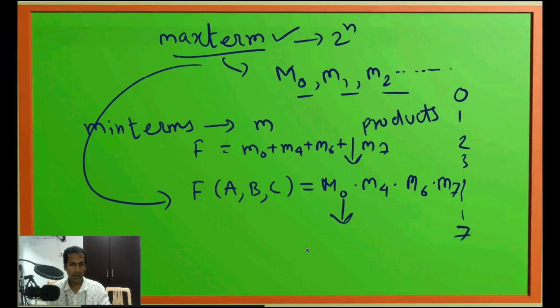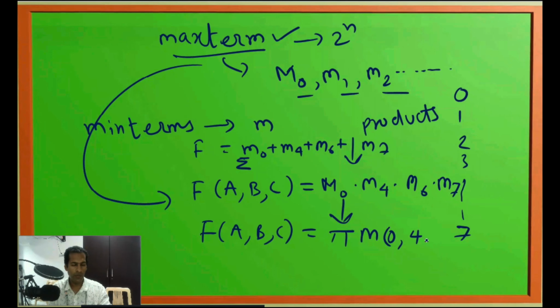In min terms we represented the function as addition, m0 plus m4 plus m6 plus m7, and we wrote it simply in the form of numbers using summation. In max terms we will use pi. So we can represent this as pi of capital M 0, 4, 6, 7. Capital M for max term.